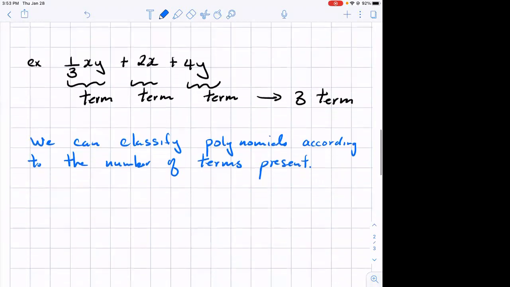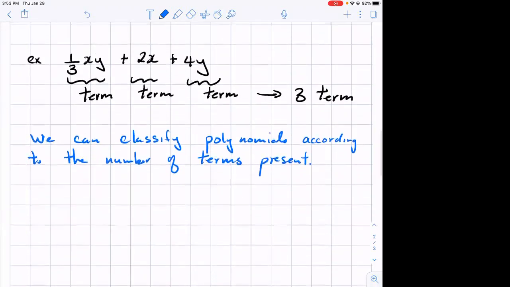What this means is that if the polynomial has one term, it's a very unique polynomial.